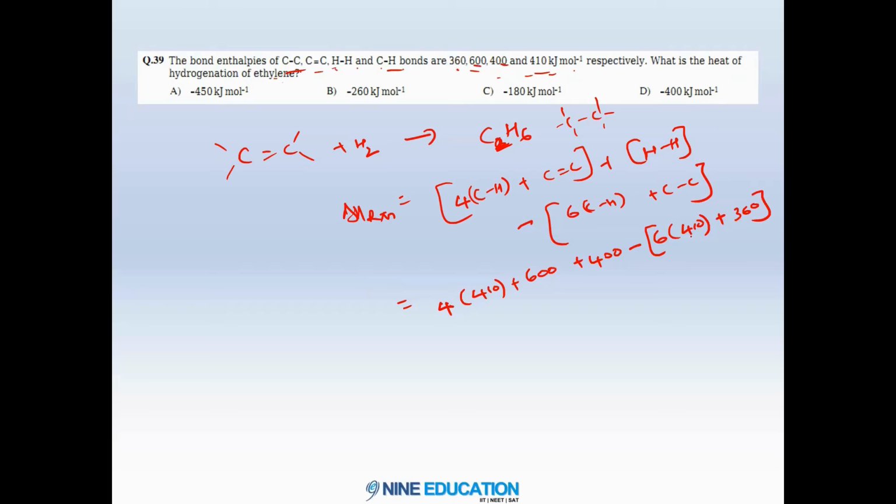I'm sure if you do this, you should be getting the answer, no doubt in that. So 600, 400 is 1000. So 410, and this is minus of this, so 2 times 410, 820, and this is minus 360. So this is 1180 minus this, so minus 180. So this will be the answer.